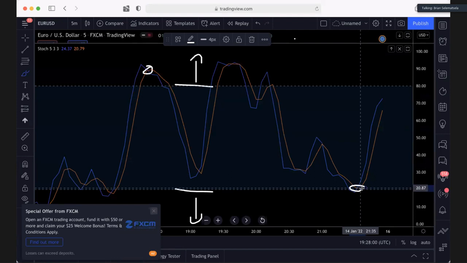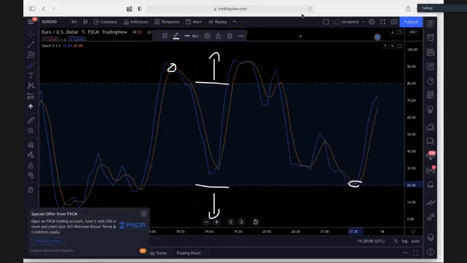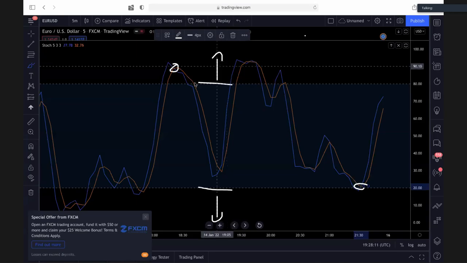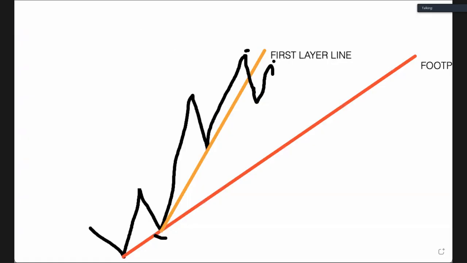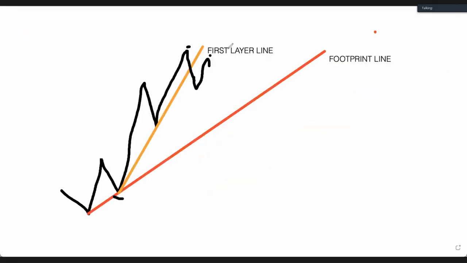So now, the main simple procedure is that from where I've ended, you're gonna spot a divergence between the 2 points and take a sell there.